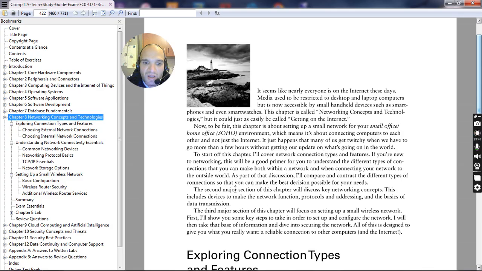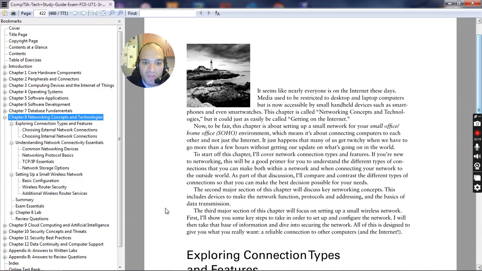Then, the second major section of this chapter will discuss key networking concepts. This includes devices to make the network function, protocols and addressing, and the basics of data transmission. And the third major section of the chapter will focus on setting up a small wireless network. First, I will show you some key steps to take in order to set up and configure the network.